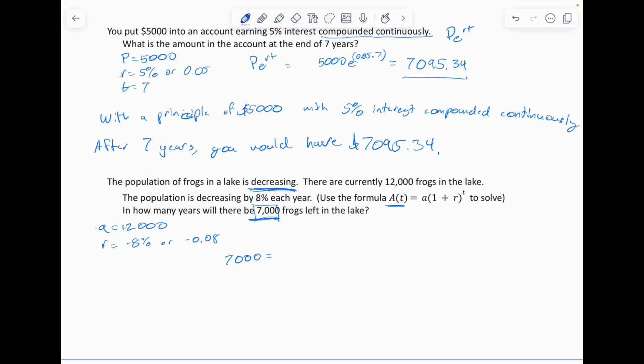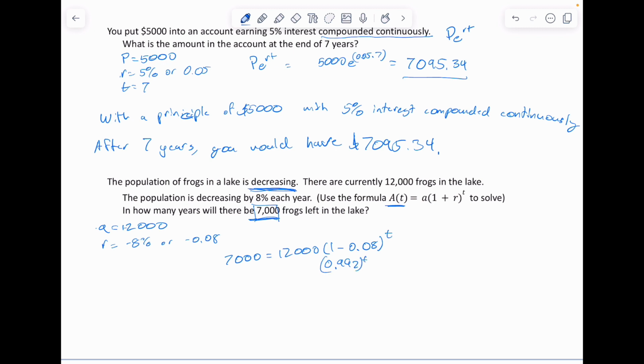And we're going to plug in the numbers that we know already, which is A, 12,000 times 1 minus, because we're dealing with a negative percent, 0.08, to what amount of time? Let's just work the easy math first. So 1 minus 0.08 is 0.992, to the power of t.